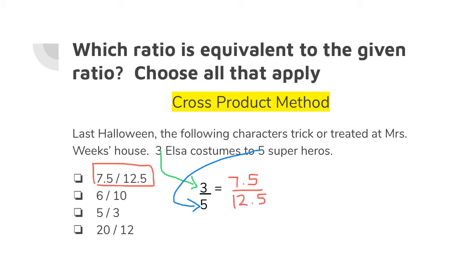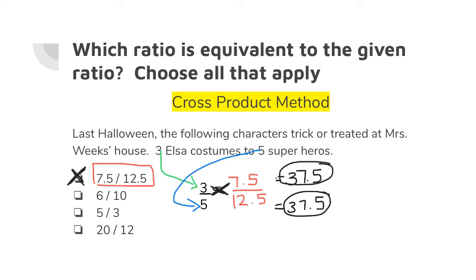I'm going to use my cross product method, which means I'm going to take 3 times 12.5, and you will get 37.5. And then the other cross product, you would take 5 times 7.5, and that is 37.5. Because these are equal to each other, this is a good answer.